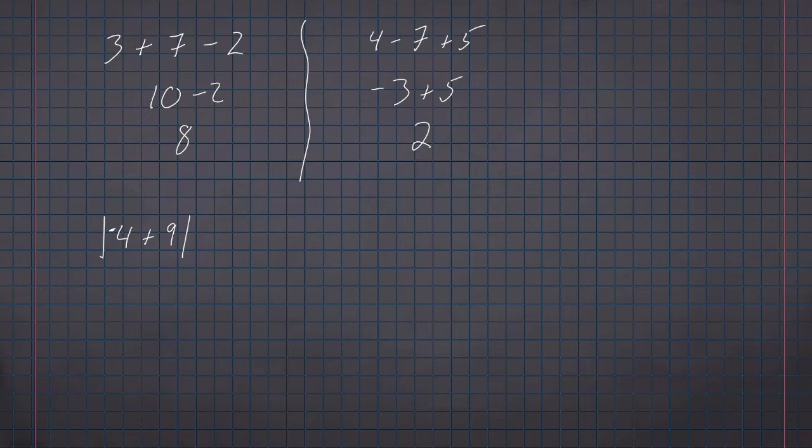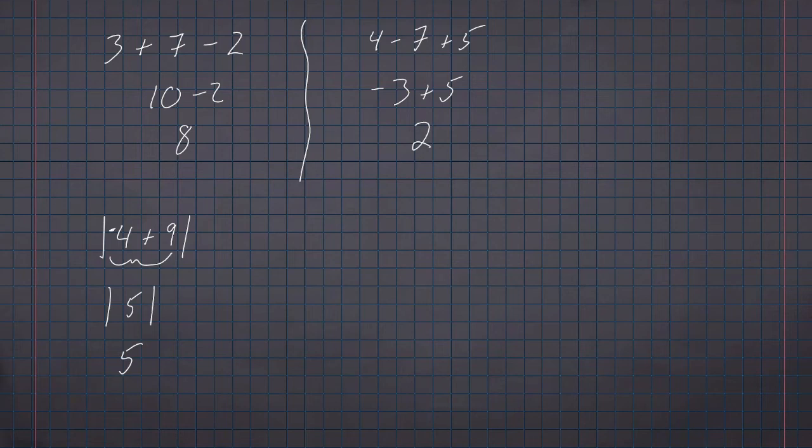Absolute value bars work as grouping symbols. If you have absolute value bars and you have operations inside, here we're taking the absolute value of negative 4 plus 9, you evaluate what is inside the absolute value first. Negative 4 plus 9 is 5. And then only after you've done that, you take the absolute value.